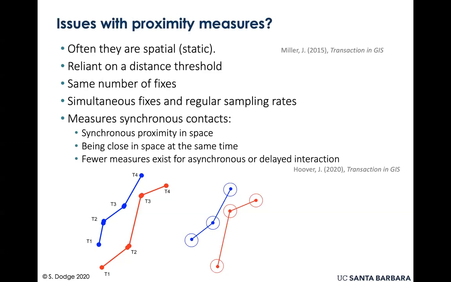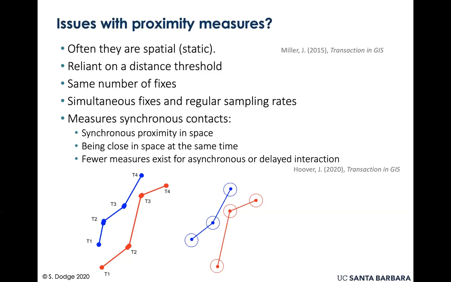Oftentimes they are static, as the review by Jennifer showed. They focus on spatial proximity and more static proximity, and there's less focus on interaction over time. That's why we need more measures that can capture dynamic interaction.